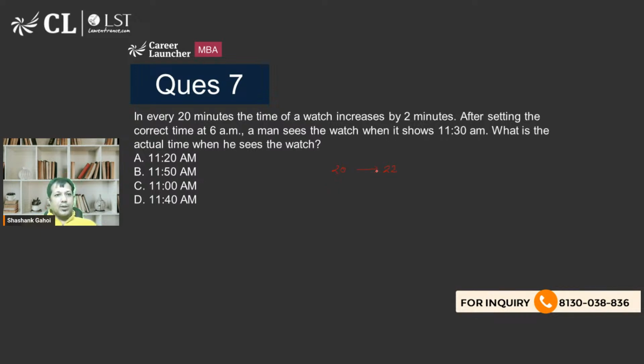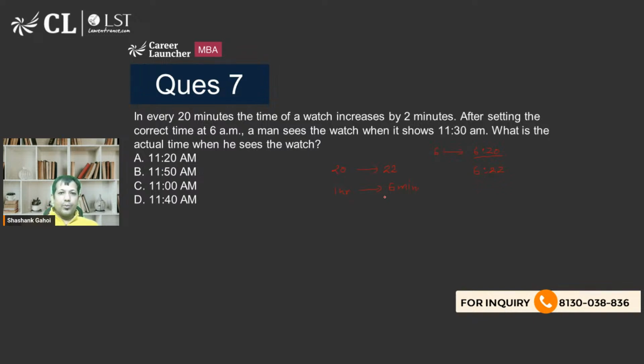Right? Because from 6, when time becomes 6:20, the watch is not showing 6:20, it shows 6:22. Okay. So in 20 minutes, the time gained is 2 minutes. So in 1 hour, what is the time gained? That is going to be 6 minutes.